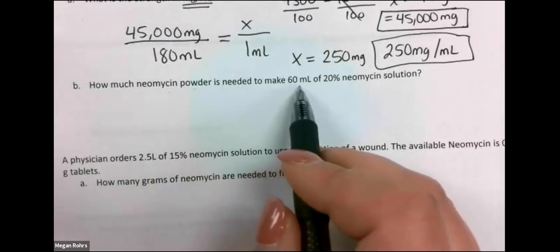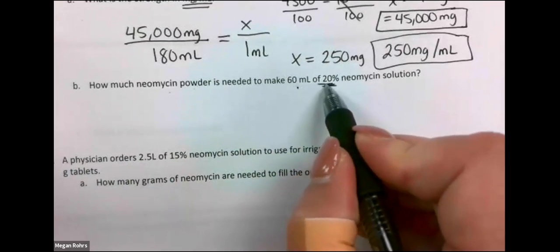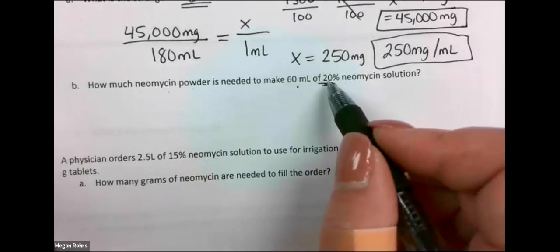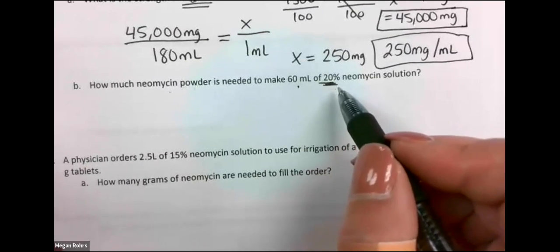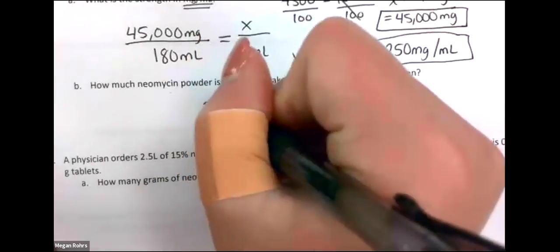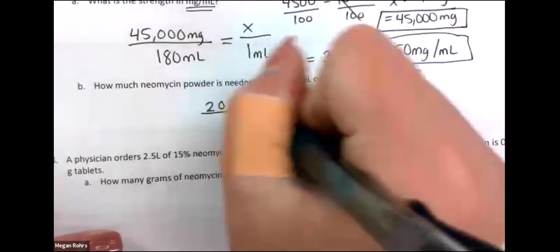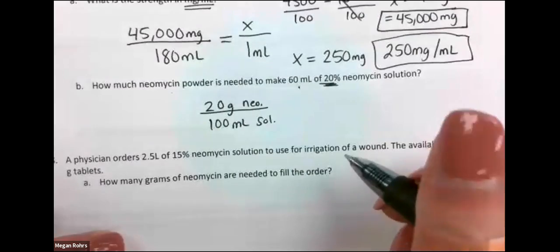We're making the total volume of 60 mils of a 20% solution. Well, I see that percentage strength. Always start with your percentage, write that as x over 100. So 20 grams of neomycin in every 100 mils of solution.